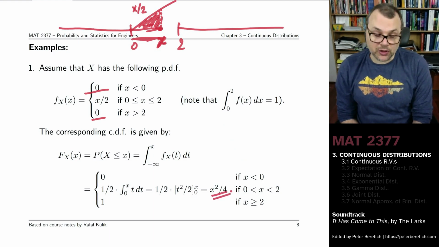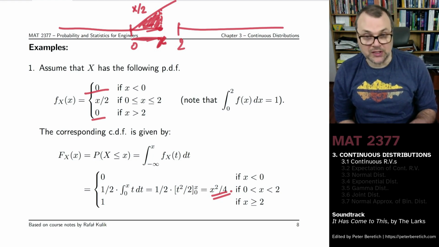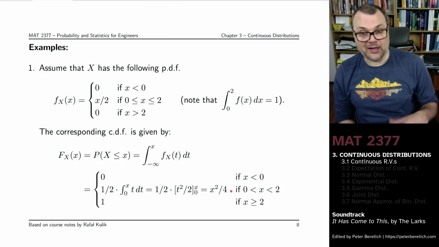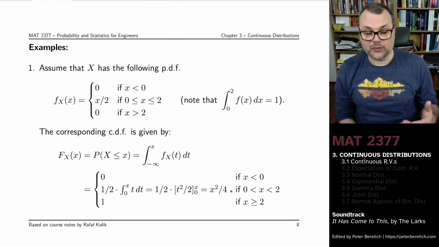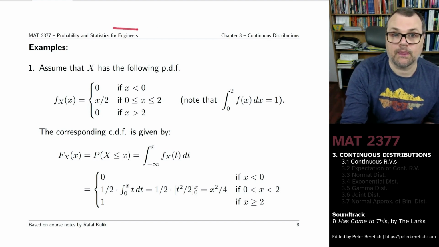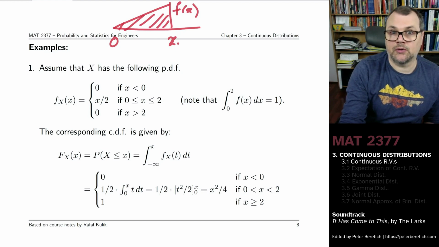Now in general, you're not going to be getting nice linear functions for your PDFs, and so you need to know how to compute this quantity, this area, in the generic case. You do so by computing the integral of the function between 0 and x.